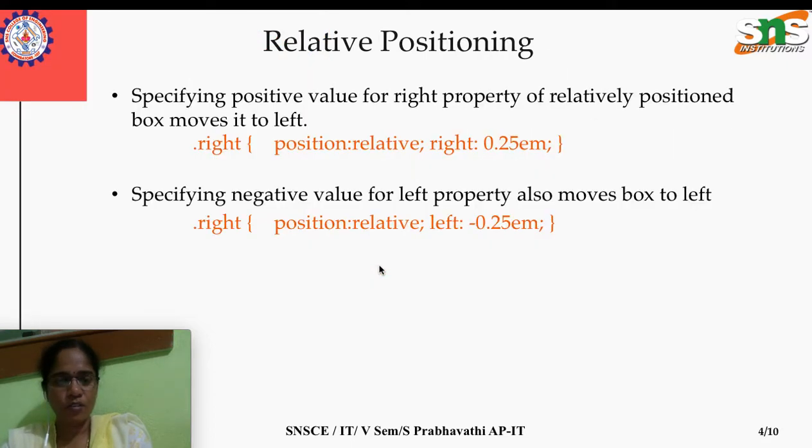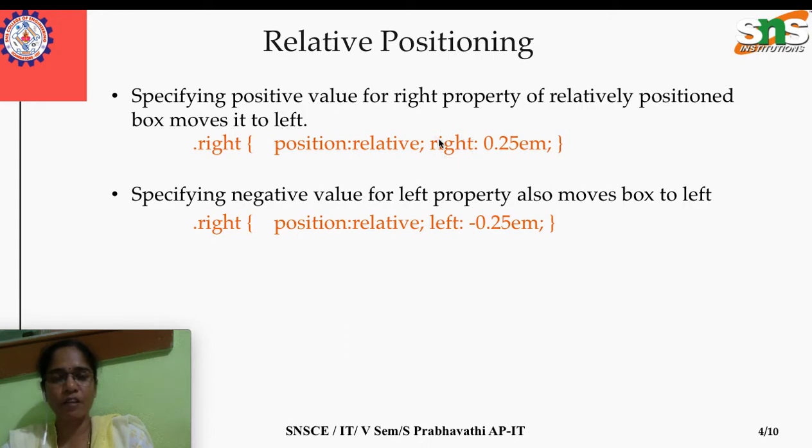Moving on to a few more notes about relative positioning. Specifying positive values for the properties left, right, bottom, top of relatively positioned elements will move the box. If I give the right property, the element is relatively positioned, and it will move the box to the left.